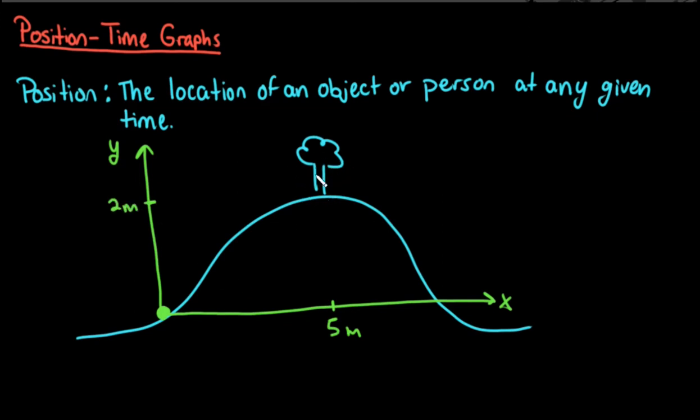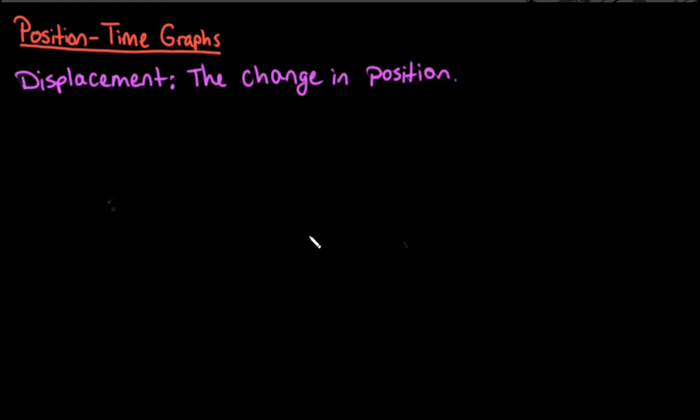So we would say that the location of this tree is at (5, 2), if this were on a Cartesian plane.